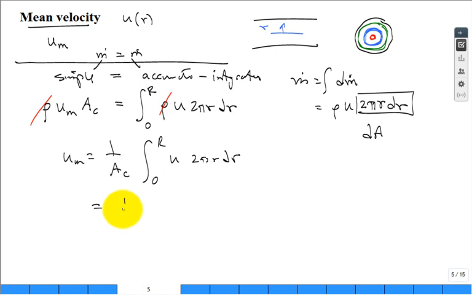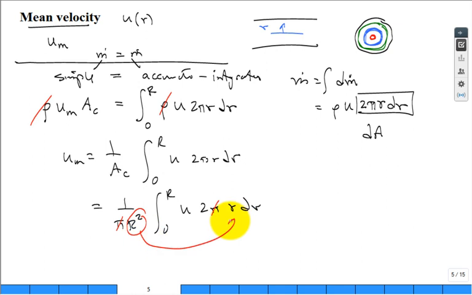Let's say you put in here 1 over pi cap R squared, integral 0 to R, u, 2 pi r dr. It's even getting a little more abstract. You can cancel the pi's. You can move this R squared inside, put it over cap R, put it over cap R. And then we had a change of variable, so now it's the integral of u as a function of some new variable times 2 times r hat dr hat, and r hat goes from 0 to 1.